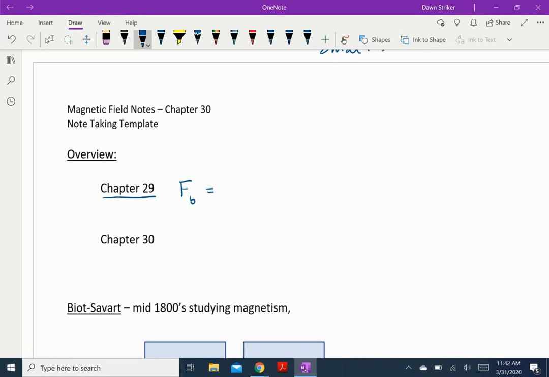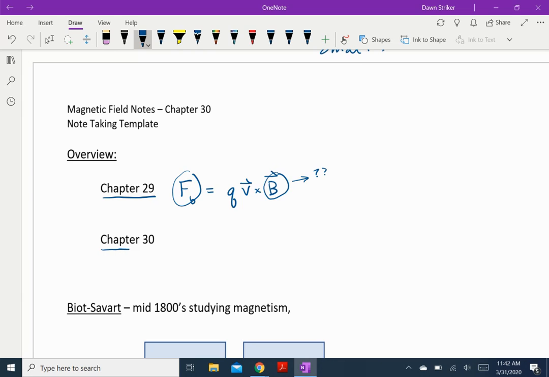So we did something like the force is equal to the size of the charge times how fast the charge is going crossed with the magnetic field. So that's what we did in chapter 29. Really, it's about the force that's felt by a charge that's moving in a pre-existing magnetic field. So this magnetic field, who knows where it comes from? Who cares? We were just thinking about the force that's felt by a charge.